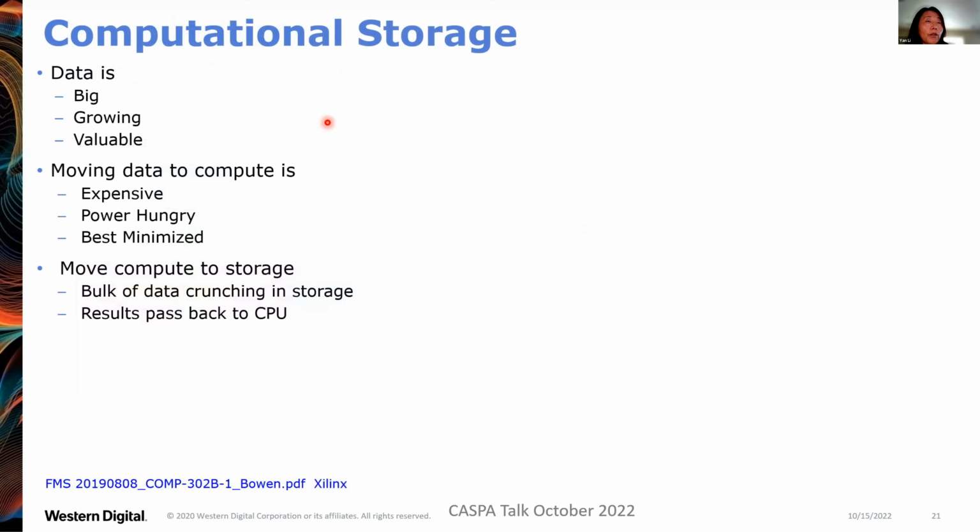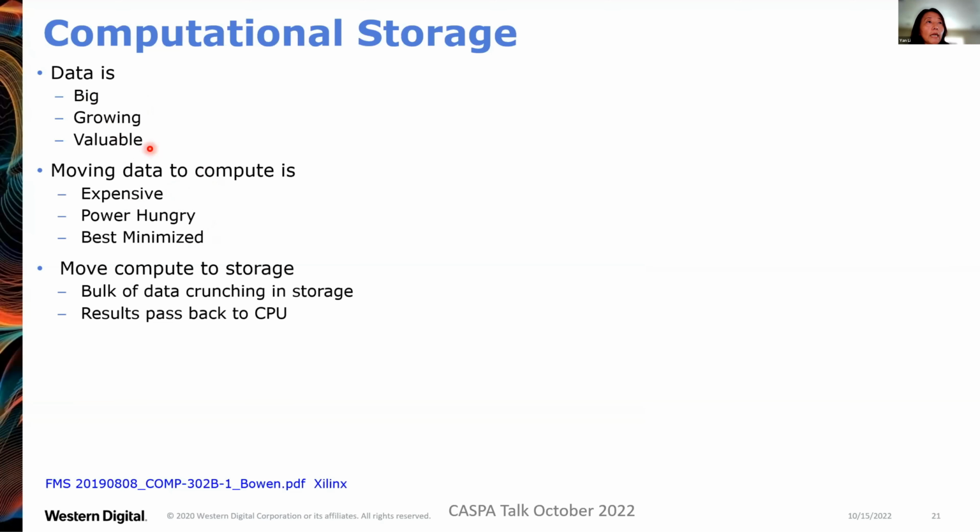On the other side, big data is also a very difficult problem to handle. It's very big, it's growing, it's valuable. But moving data is very expensive and power hungry, and it's good to minimize it.